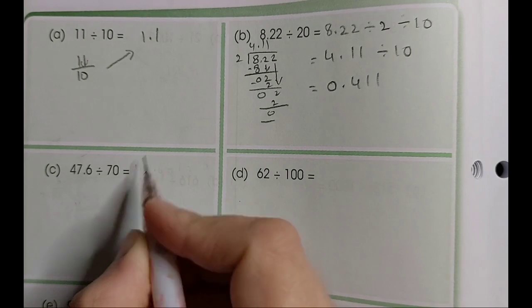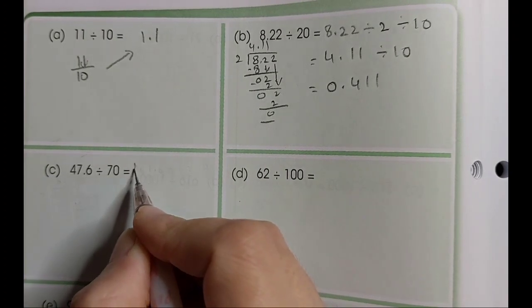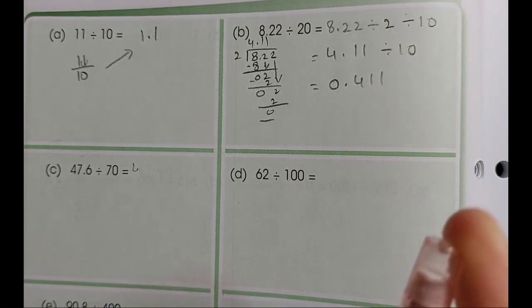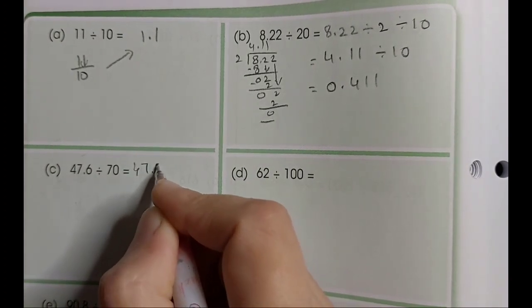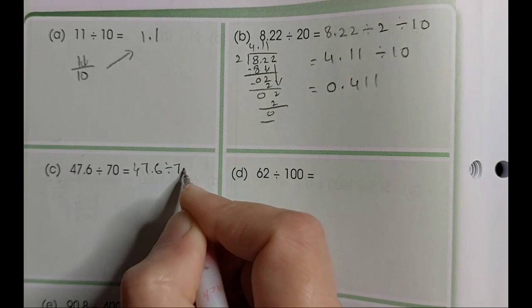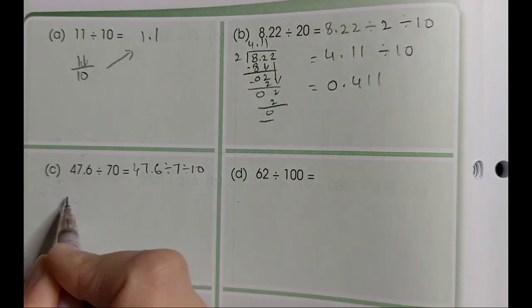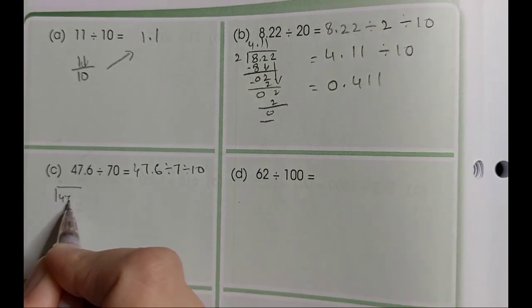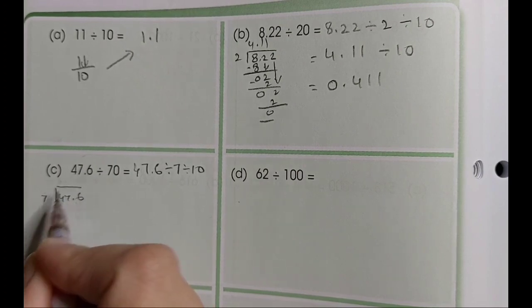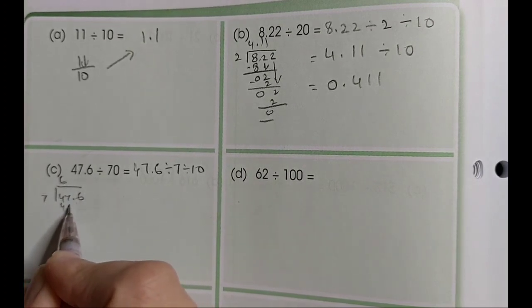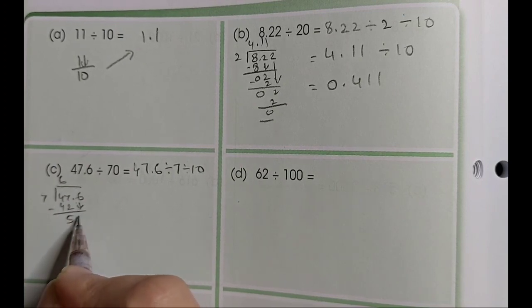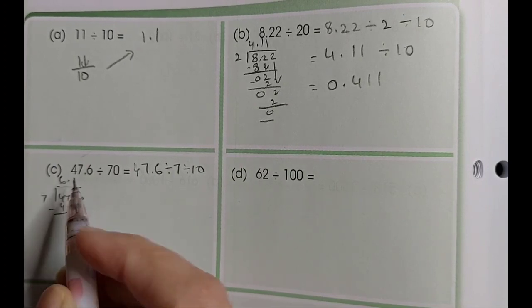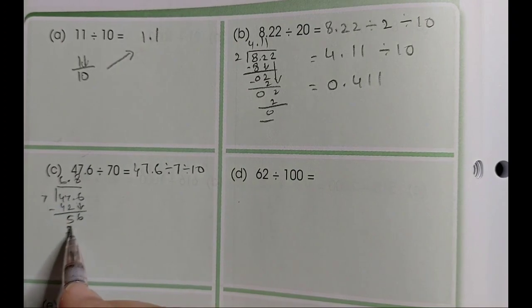Okay. Now part C is 47.6 divided by 70. So we have to split it into 47.6 divided by 7 and divided by 10. So when you divide 47.6, 7 6s are 42. Okay, fine. We will get 5 here and then 6 carry down, point, 7 8s are 56.